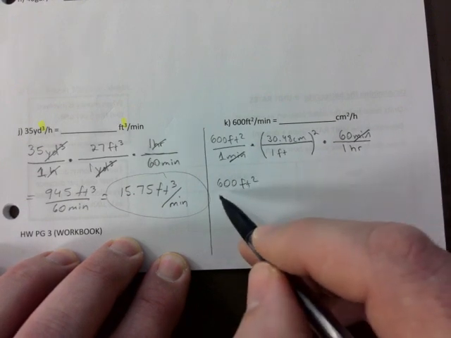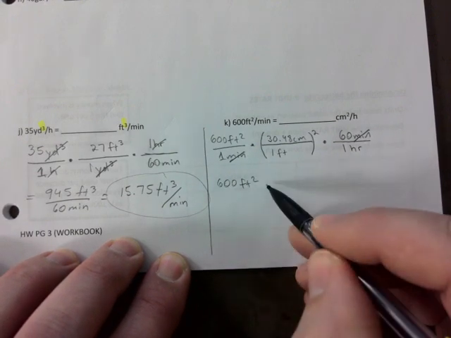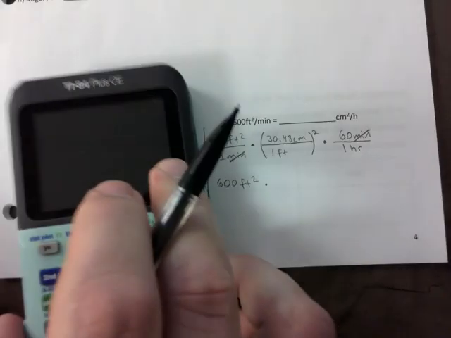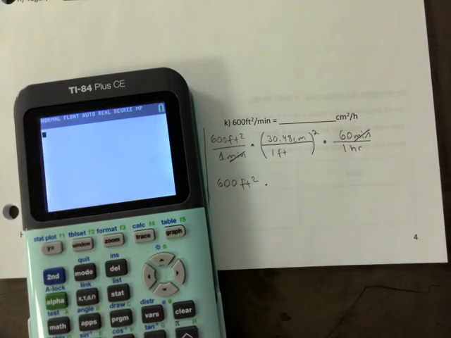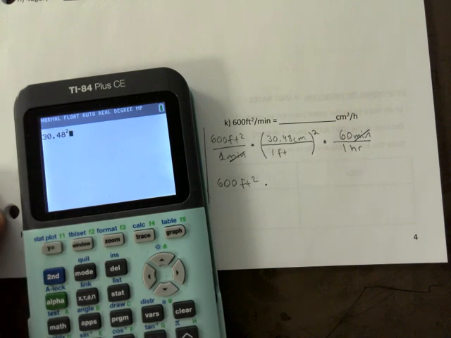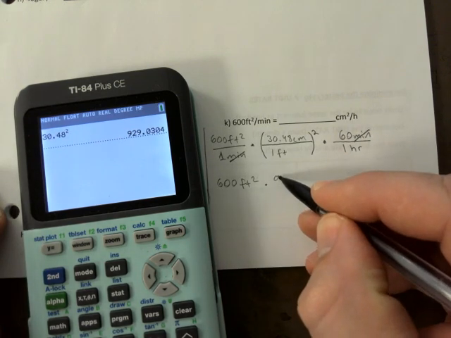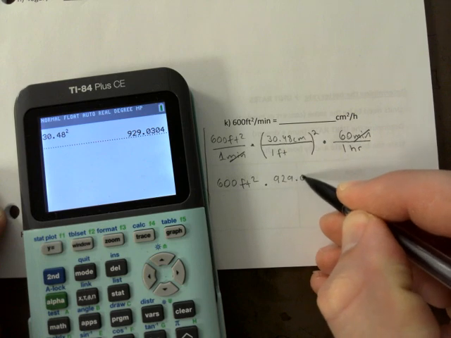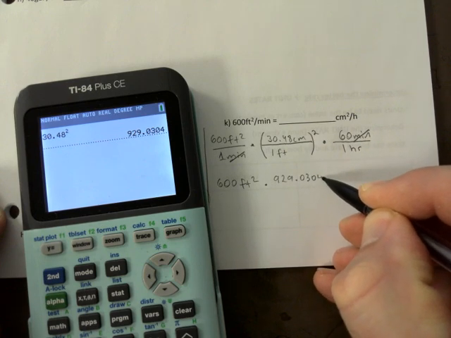600 square feet. Technically, the 1 is gone here. And you grab your calculator and you will get one of these very soon. You square that, and I don't want you to round. You only round at the end.